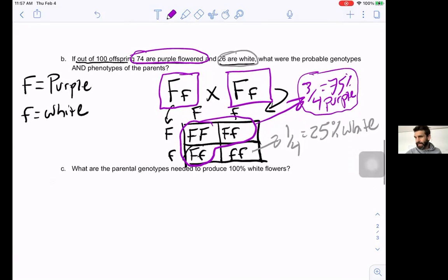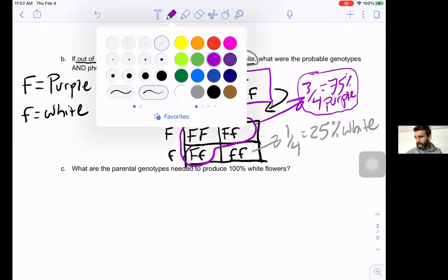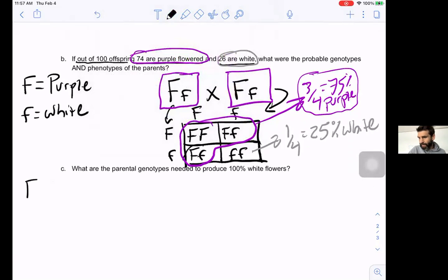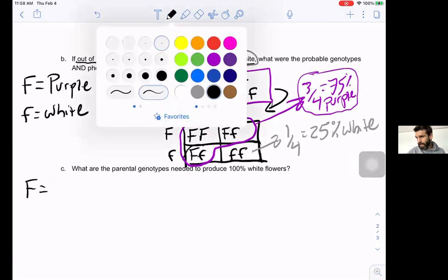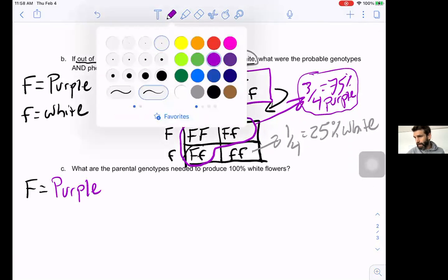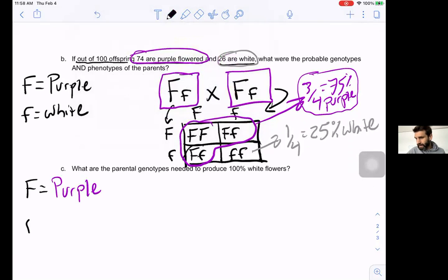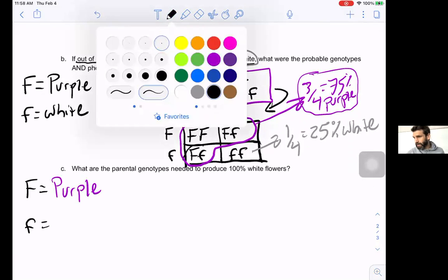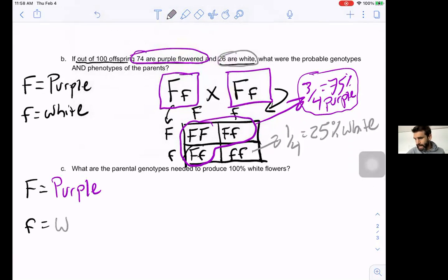And finally, in this question, same thing, F equals purple, little f equals white. What are the parental genotypes needed to produce 100% white flowers?